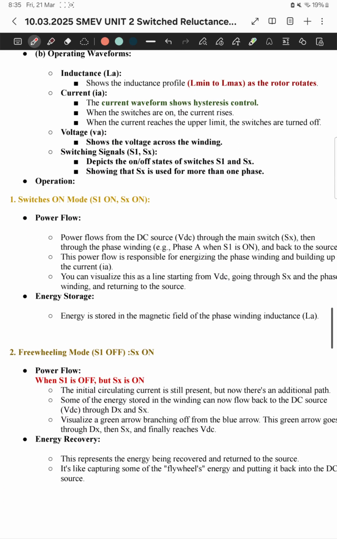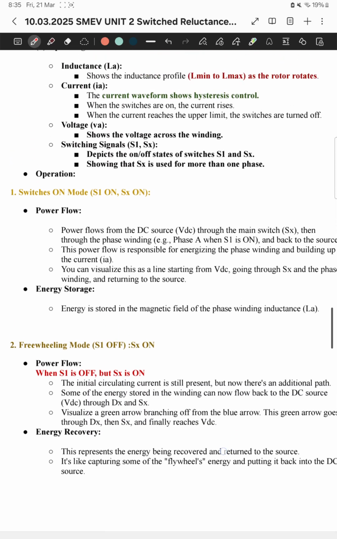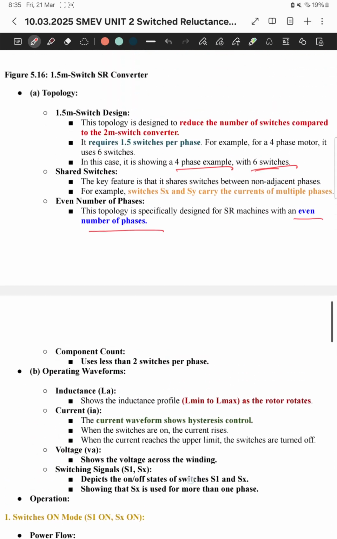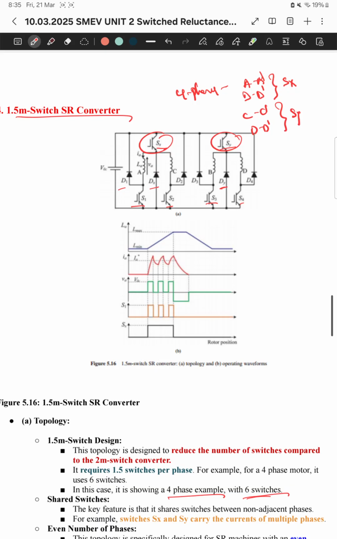For the operating waveforms, first we'll see the operation. For a better understanding, we'll restrict ourselves to the phase A winding.